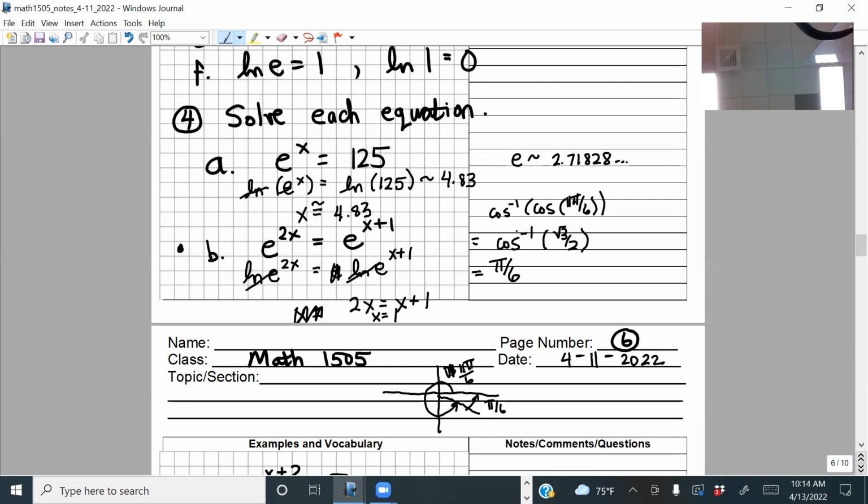That's just because the inverse cosine function is not quite the inverse of the original cosine function. Remember, it's the inverse of the restricted cosine function. But it's still useful to us for lots of reasons, but it doesn't quite obey the laws of inverse functions.